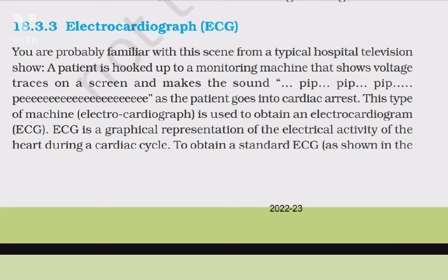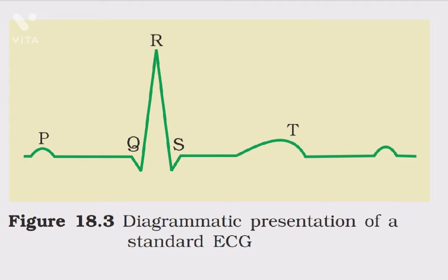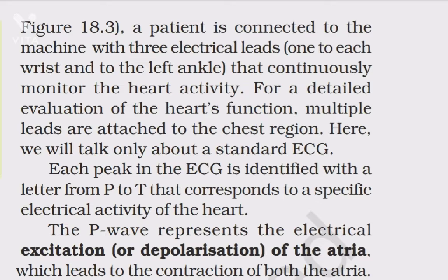To obtain a standard ECG, as shown in figure 18.3, a patient is connected to the machine with three electrical leads, one to each wrist and to the left ankle, that continuously monitor the heart activity. For a detailed evaluation of the heart's function, multiple leads are attached to the chest region.